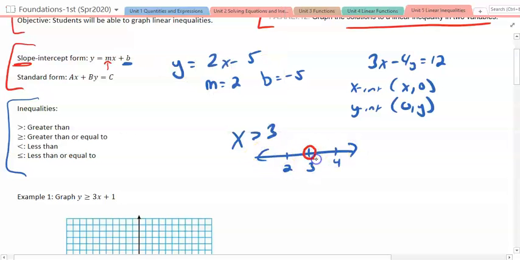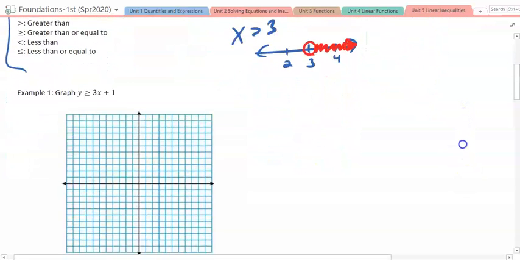We put a circle, because is 3 a solution to this inequality? No. But what would be a solution? Well, 4 would be a solution and 5 would be a solution because those are numbers greater than 3. So my shading would go this way. When we graph in 1 variable on the number line, we deal with circles and dots, and we deal with shading going one direction or the other.